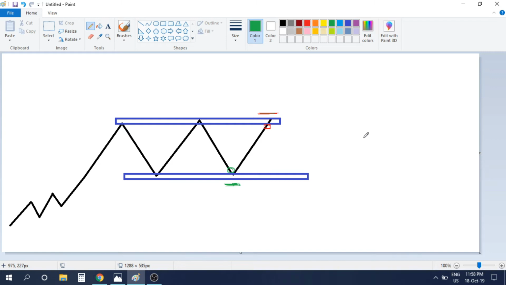So often you will see that these ranges have small skirmishes, and price will tend to break them temporarily, come down, take out all these stop loss orders, and then move back into the range.